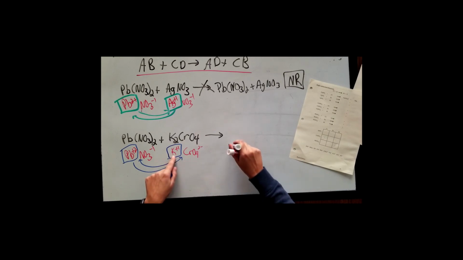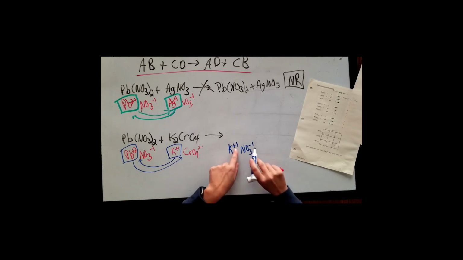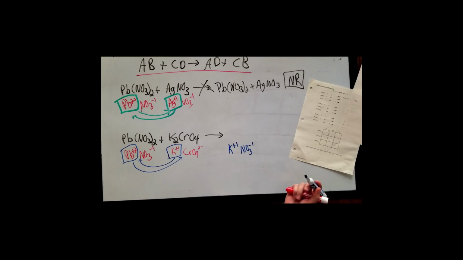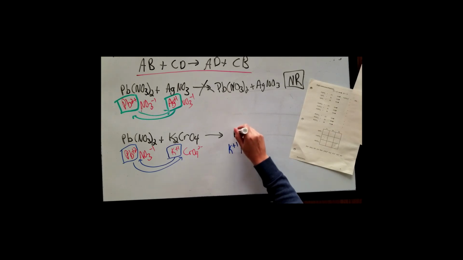We just said potassium with its +1 charge is going to pair up with NO3, which has a -1 charge. Now the nice thing about this, look, +1, -1. Charges cancel. So I don't have to do the crisscross method. Because if the charges cancel, that means I just need one of each of those for it to be neutral. So one of my products is going to be KNO3.